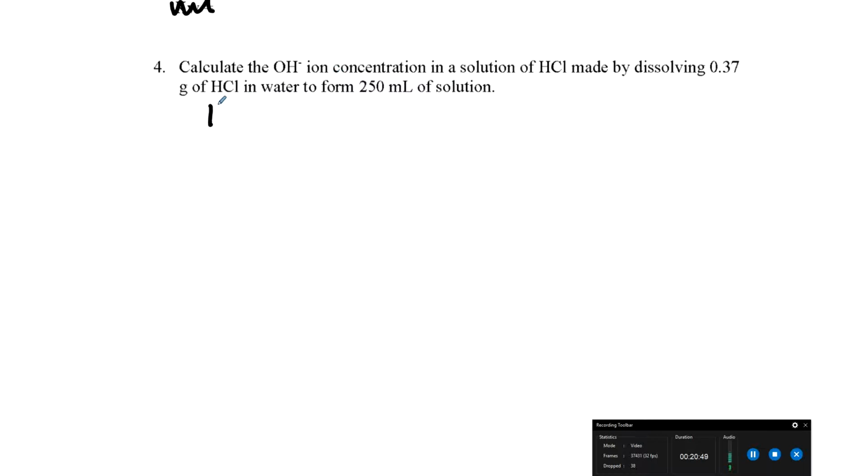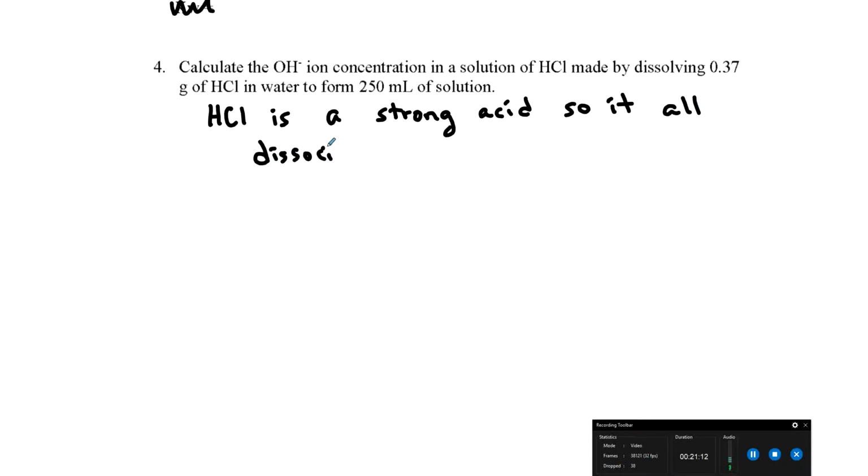First of all, hydrochloric acid is a strong acid. So if you remember back to a previous lesson, strong acids completely dissociate in water. So it all dissociates, and we can represent that with this expression here.